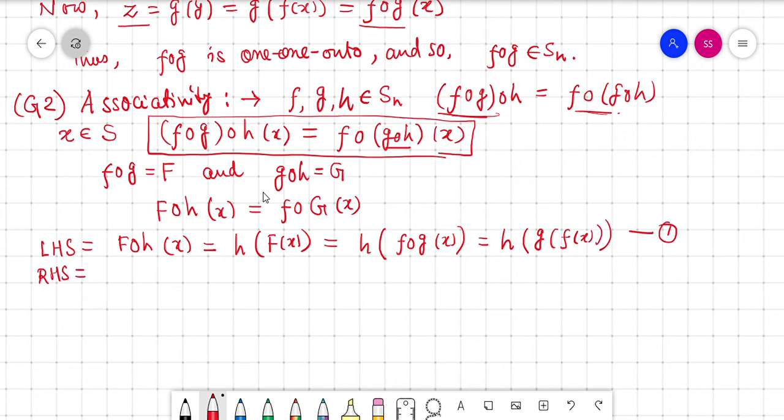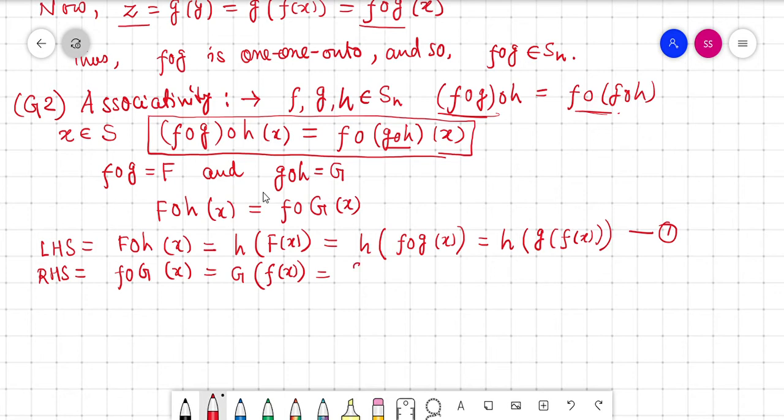RHS was F composition capital G. As usual, by the definition of composition, it will be equal to capital G of F of X. So what is capital G?